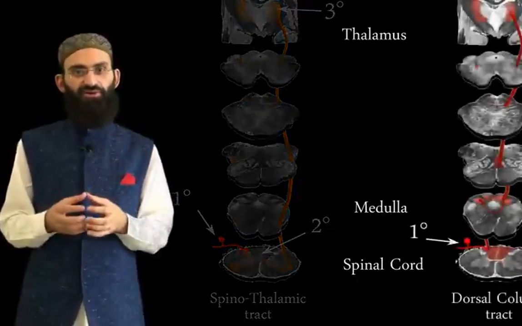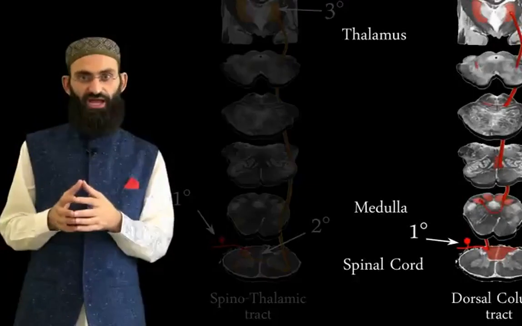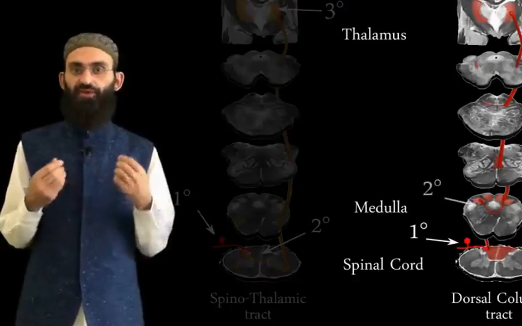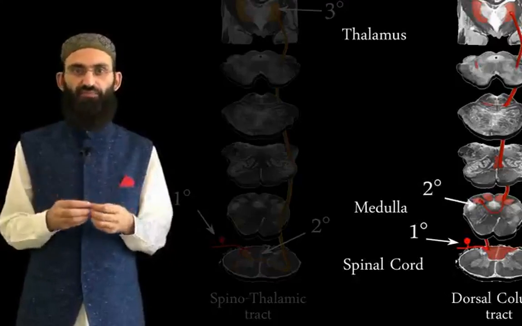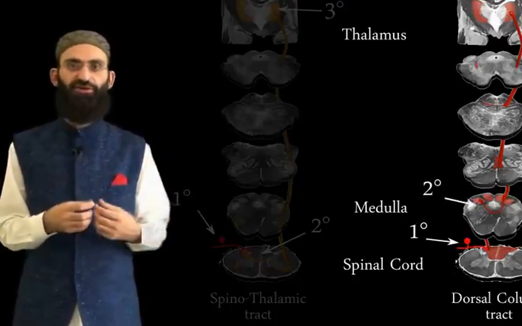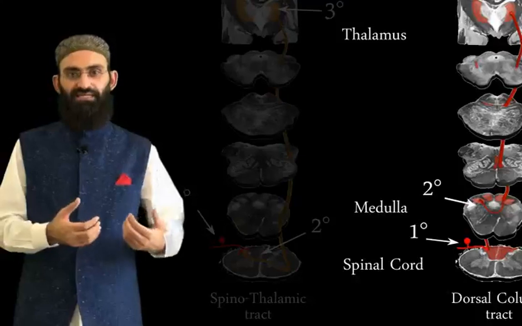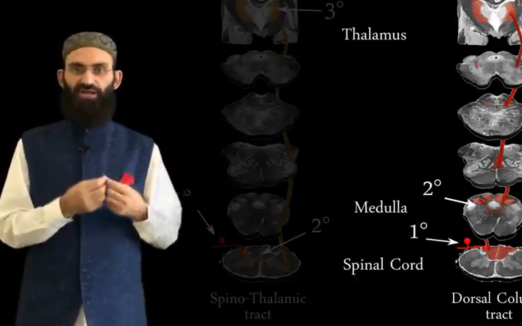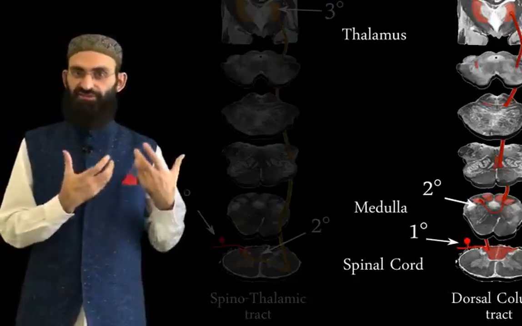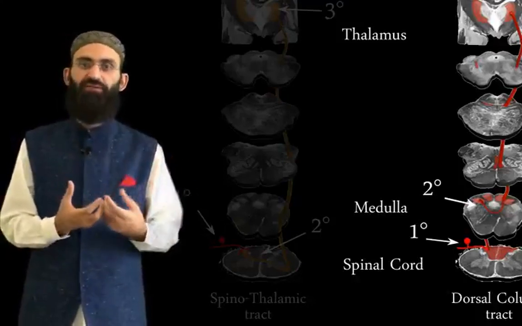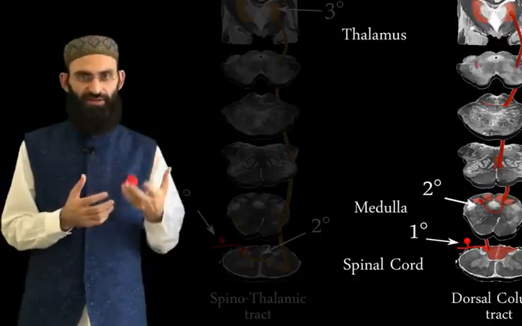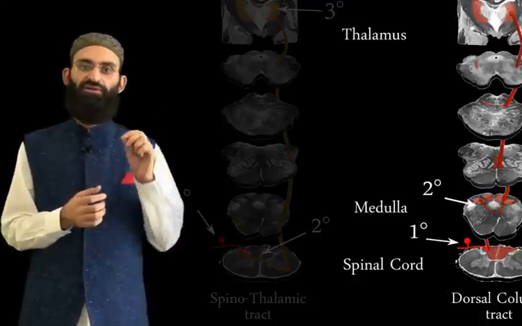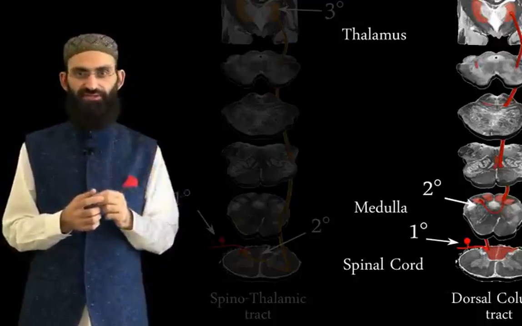The second order neurons for the dorsal column tract on the other side are located in the brainstem in the medulla. So what happens is that these first order neurons ascend in the spinal cord on the same side as the dorsal column tract, or as fasciculus gracilis and cuneatus, until they reach the lower level of the medulla, where there are two important nuclei, nucleus gracilis and nucleus cuneatus.